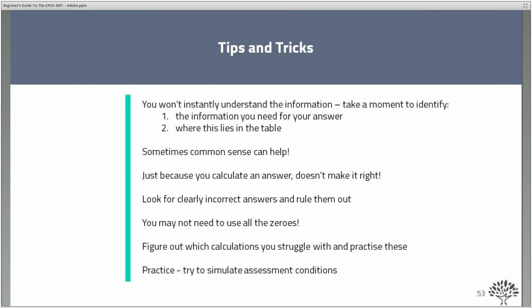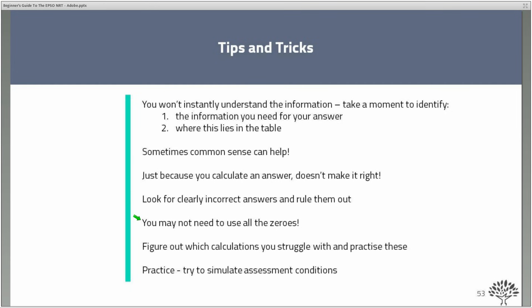As I mentioned, just because you calculate an answer, that doesn't make it the correct answer necessarily, because we may have thrown in tricky questions to make things more difficult, picked on common mistakes that people will make while calculating the answers, or in terms of choosing what reasoning, what method to use. You can often rule out clearly incorrect answers very quickly, increasing your chance of getting the correct answer.